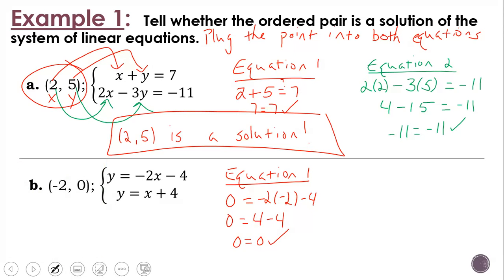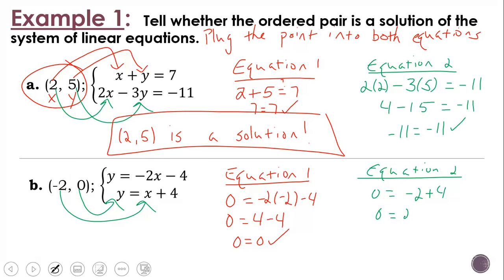I'm going to try in equation 2. So I'm plugging my 0 in for y and my negative 2 in for x. So in equation 2, I end up getting 0 is equal to negative 2 plus 4. 0 is equal to positive 2. Obviously, this is not true. So it did not work for my second equation. It has to work for both of those.